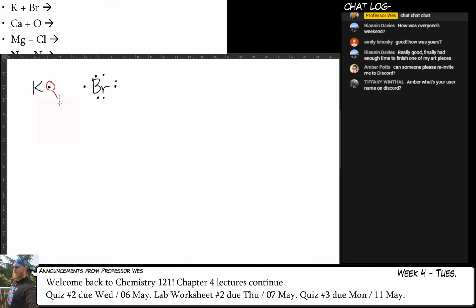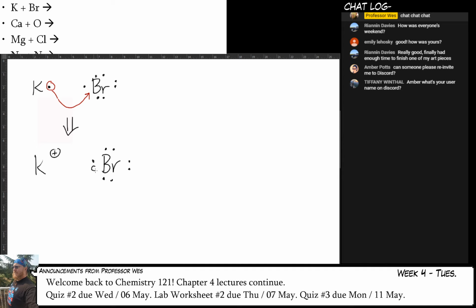Alright, where should this electron go? It should go right here into this empty space. So when I have done that, my potassium no longer has any electrons and has this charge. But remember, 0 valence electrons is like having 8, because the next layer down becomes the valence layer. Here's the original 7 that bromine had.